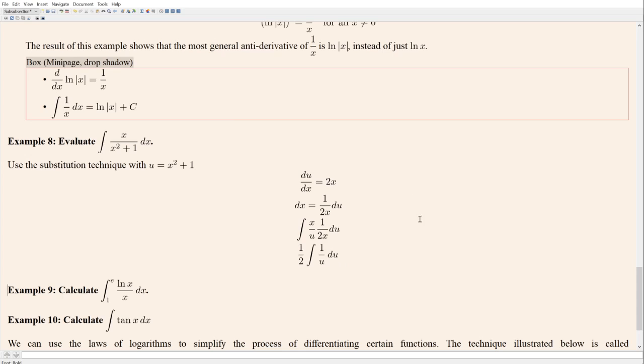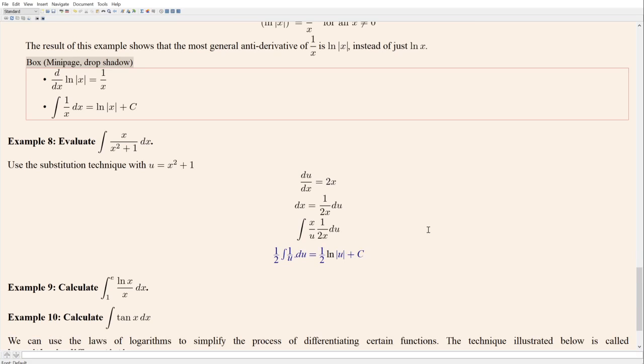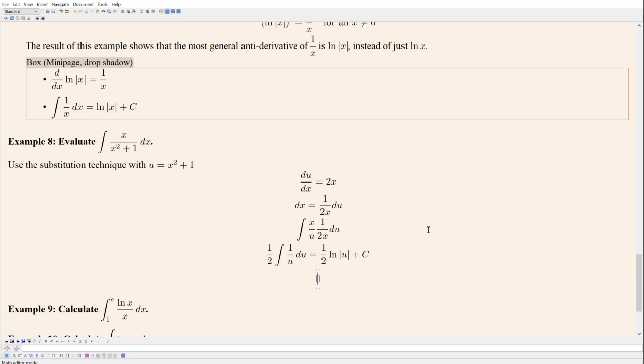It's a natural log absolute value. So then, the only thing left to do is to replace u with its original expression, x squared plus 1. That way, everything is in terms of x, as it initially was.